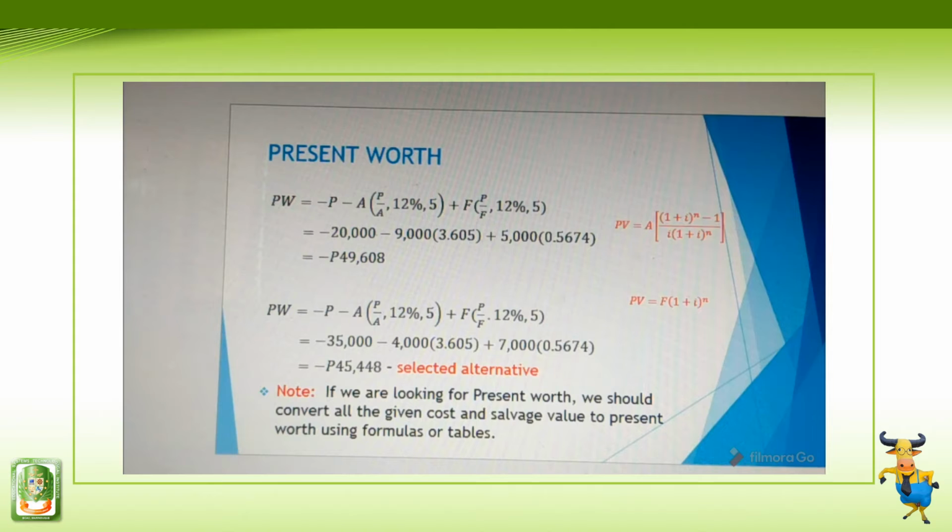So the present worth of our second alternative is equivalent to negative 45,448. So we will select the second alternative.